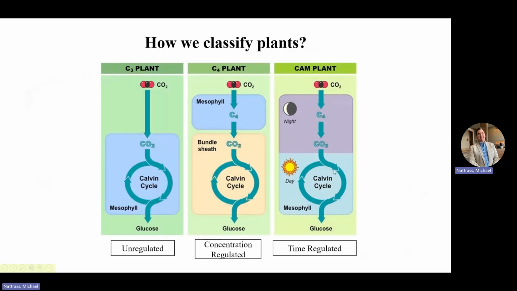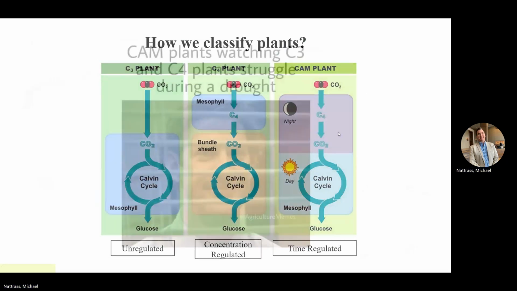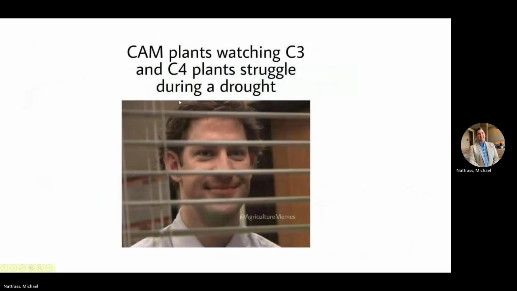So if cacti were to open their pores during the day, they would lose everything. The water would evaporate so very fast. That's why they have that thick cuticle, that waxy skin, to kind of give them an extra insulation against losing all of that water. And so this is why CAM plants perform much better during a drought, is because they can hold on to their water and their carbon dioxide, and they can perform photosynthesis as they need to.